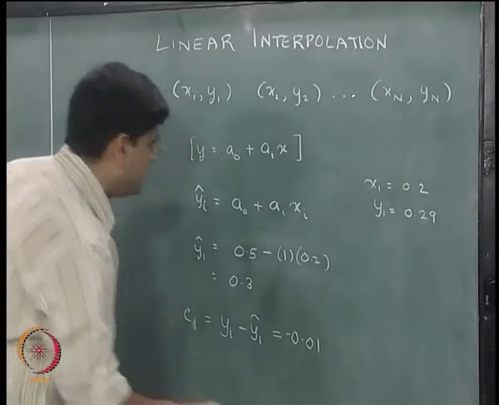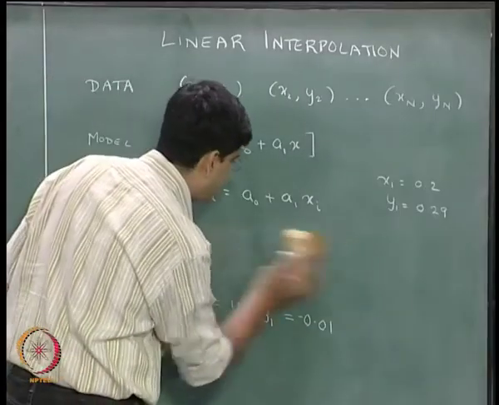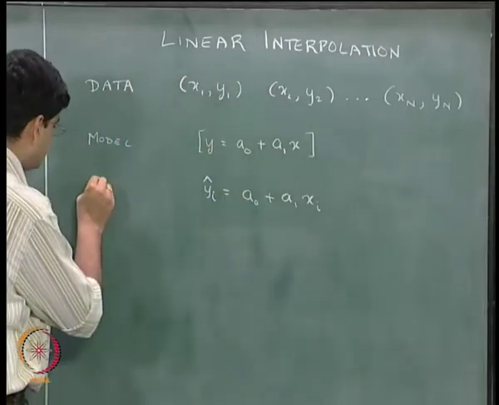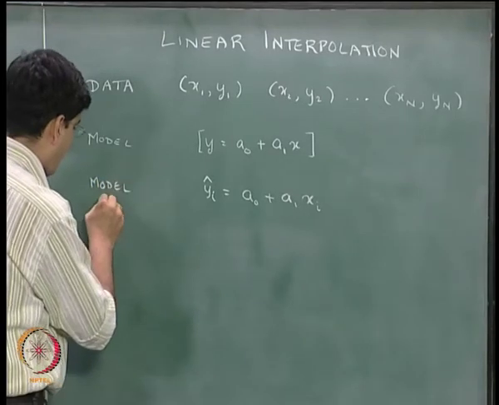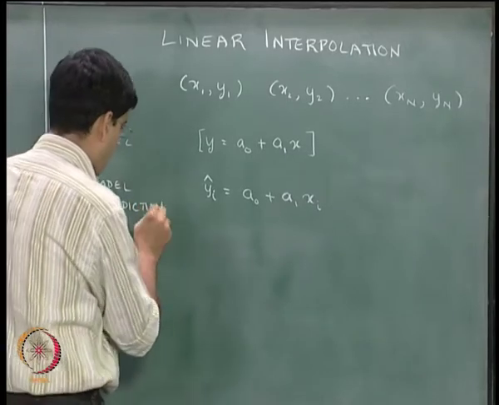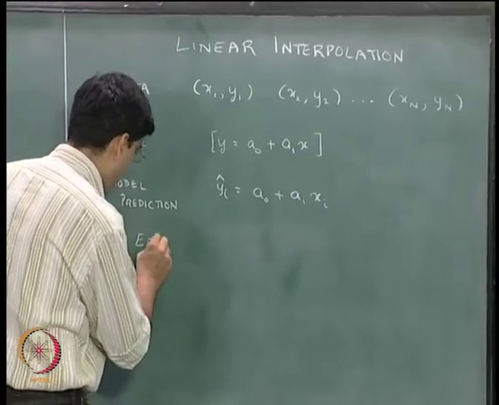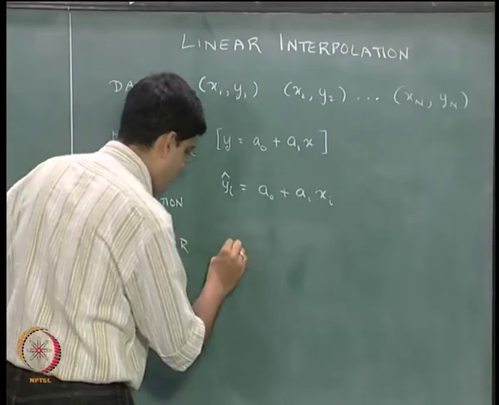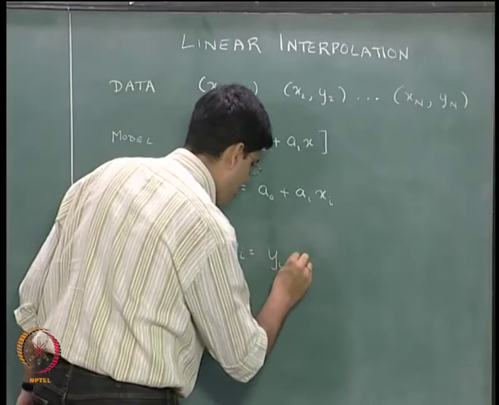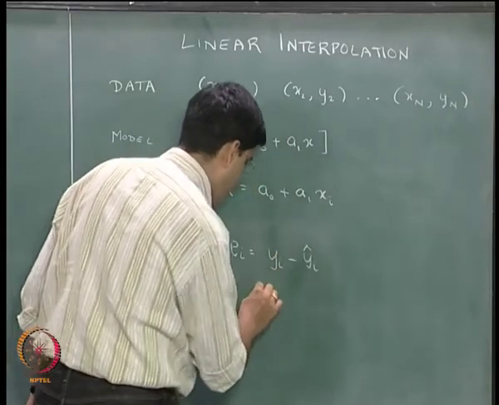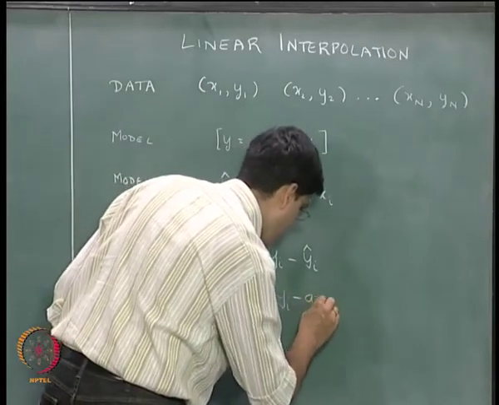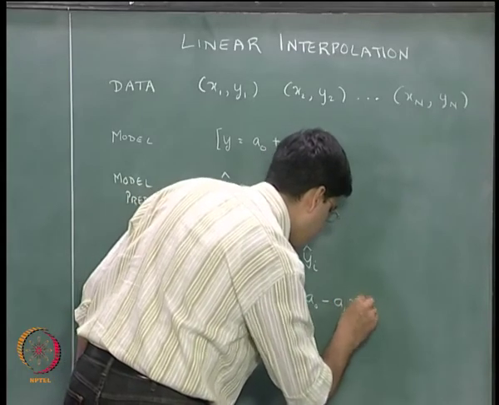So, yi hat equal to a0 plus a1 xi is, as we had said earlier, the model prediction, okay.